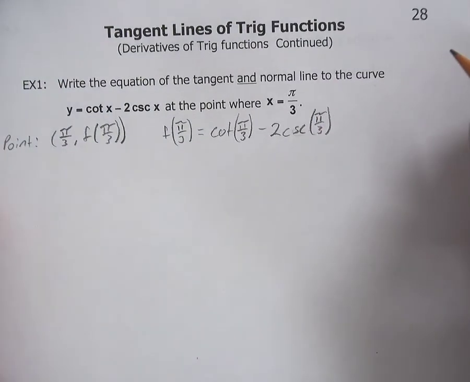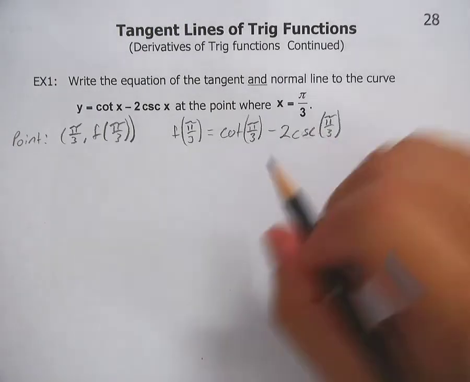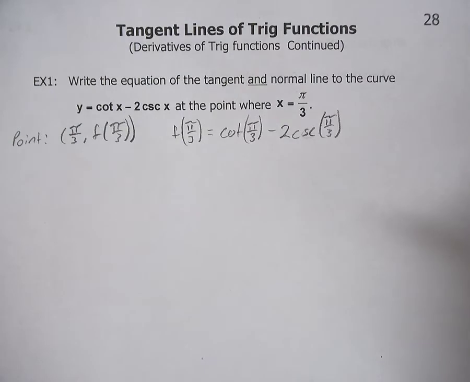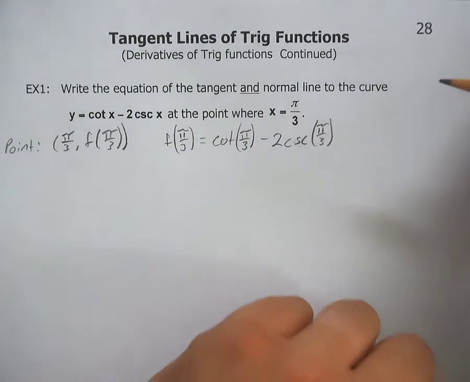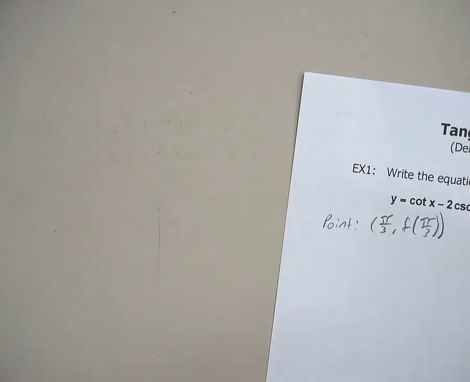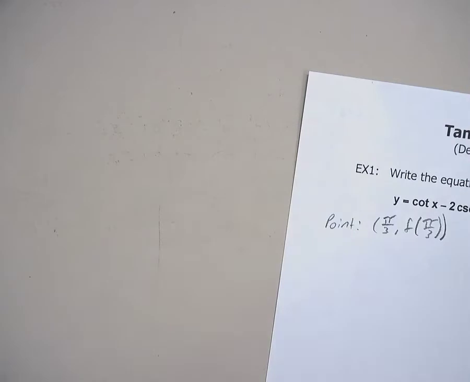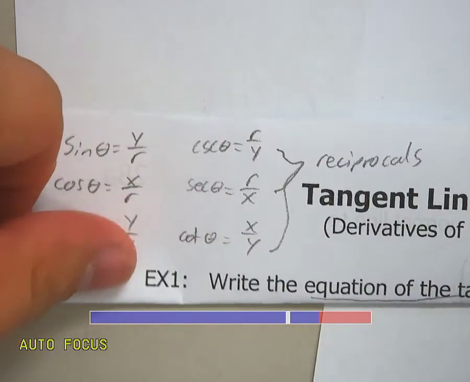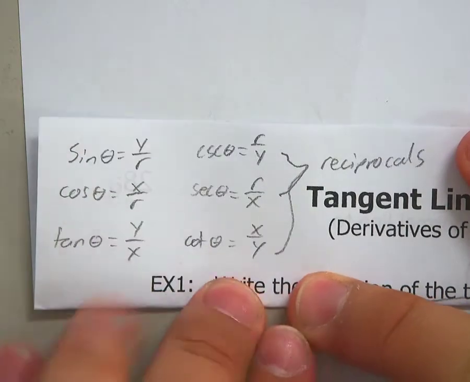Now, if you'll remember, cotangent and cosecant are called reciprocal functions. I have them written down already. If you would, pause this really quickly and get these down.